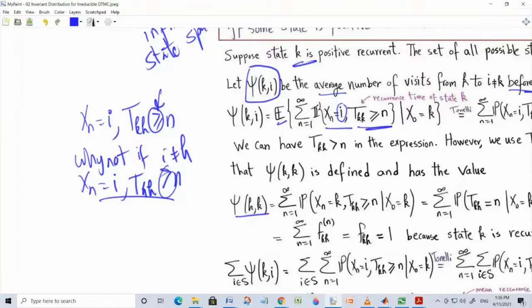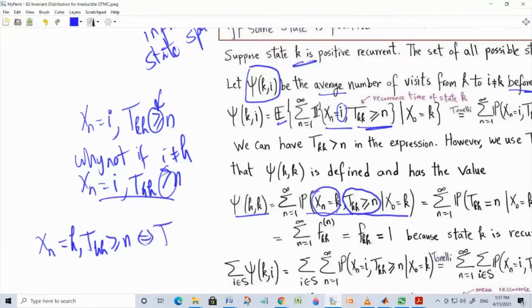So if you just use the formula, what is psi kk? Replace I by k, so it is this: X of n is equal to k, and tkk is greater than or equal to n. So it means that you revisit k in more than or equal to n steps, and xn is actually equal to k. What does this event mean?